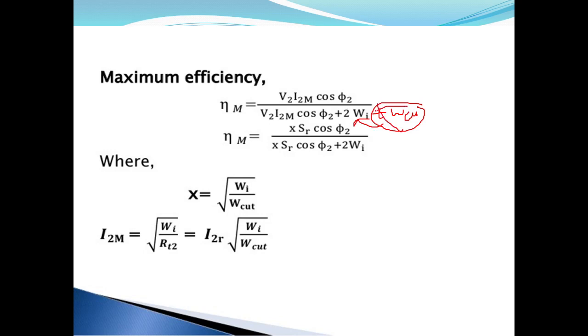Here x is equal to the square root of iron losses upon copper losses, and I2m is I2 into the square root of Wi upon Wcu. These relationships we derived in the previous slide.